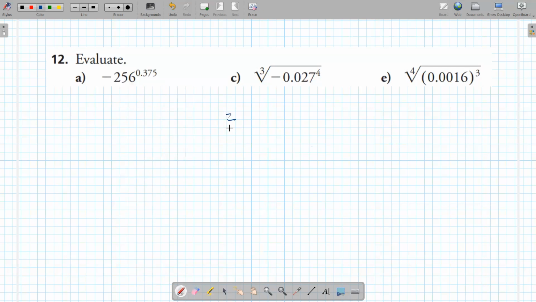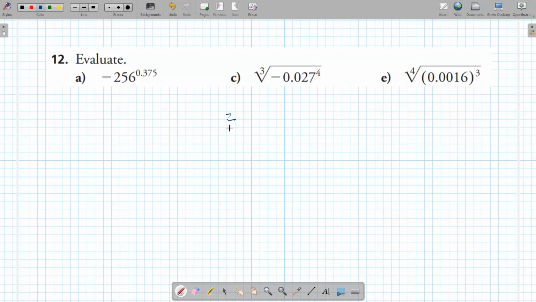What about C? What can we do here? What would be the first step? Could you cube root it first?